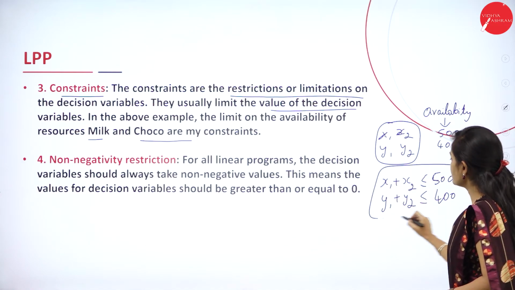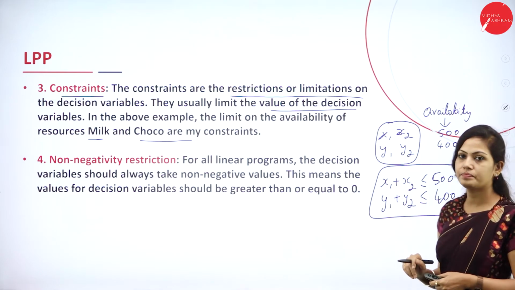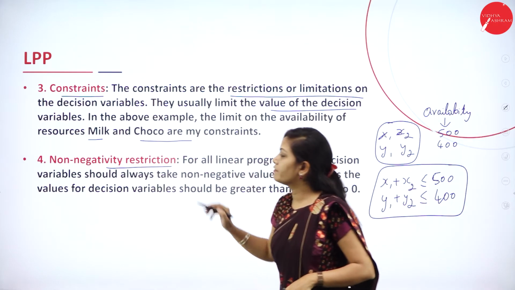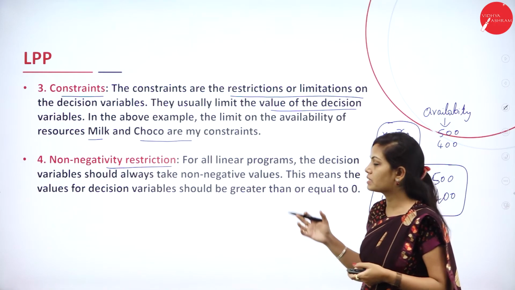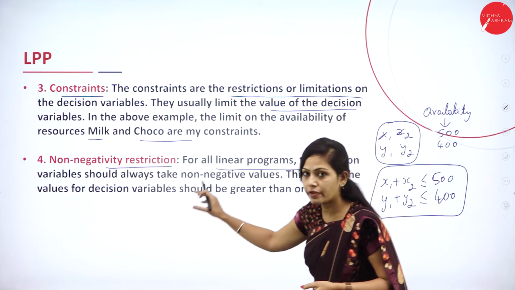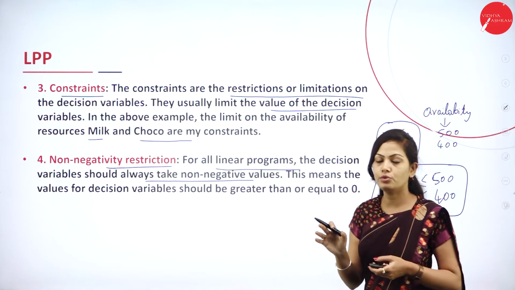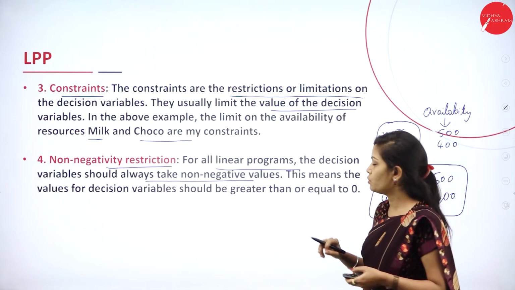This is called constraints. This is an example for constraints. The next one is the non-negativity restriction. How do we represent these non-negativity constraints? For all linear programs, the decision variables should always take non-negative values.